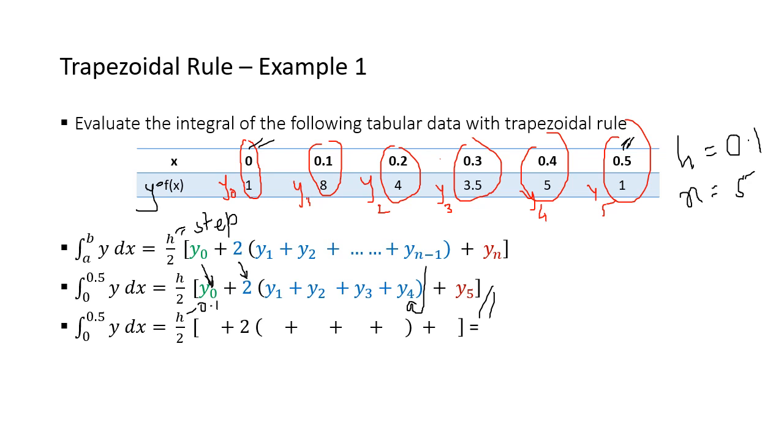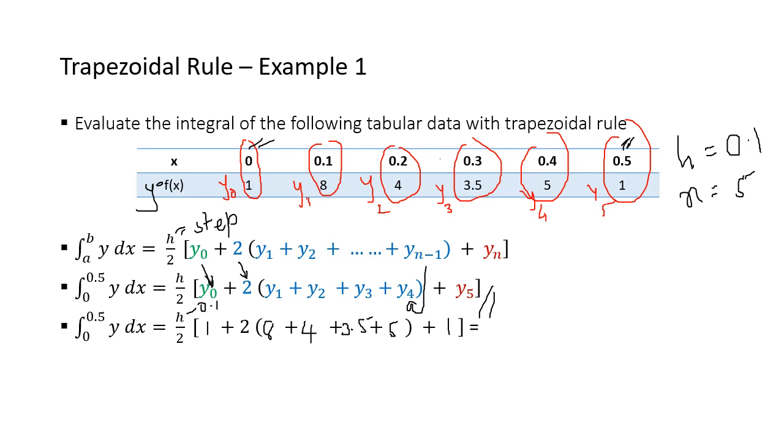So let us substitute the values. y0, first term, is 1, y1 is 8, y2 is 4, y3 is 3.5, y4 is 5, and y5 is 1.